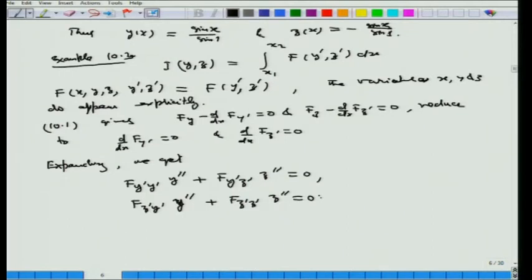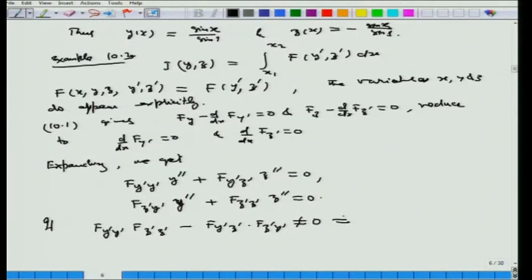Now, here we would like to solve this system for y and z, if the coefficients satisfy this: this into this minus this into this is not 0. That is, f of y prime y prime into f of z prime z prime minus f of y prime z prime into f of z prime y prime is not 0.